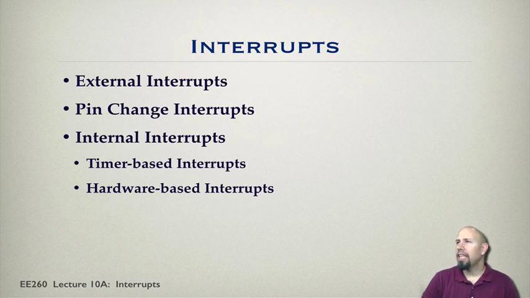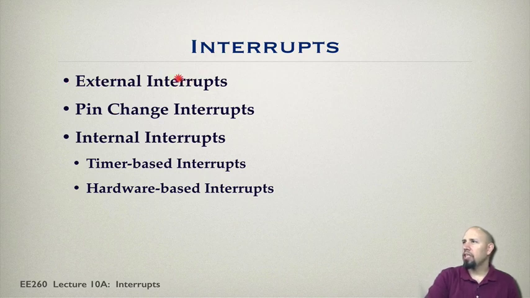There are a number of different kinds of interrupts. There are external interrupts. Pin change interrupts are also external interrupts, but these external interrupts are specific in that they are built in to the Arduino, and they can be used directly within the Arduino IDE. The pin change interrupts cannot be used directly in the Arduino IDE.